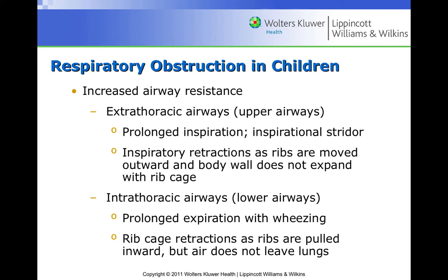You have inspiratory retractions as the ribs are moved outward, and the body wall does not expand with the rib cage. When you have obstruction or disease processes that are in the lower airways, you have prolonged expiration with wheezing, heard in the lung sounds on the expiration.